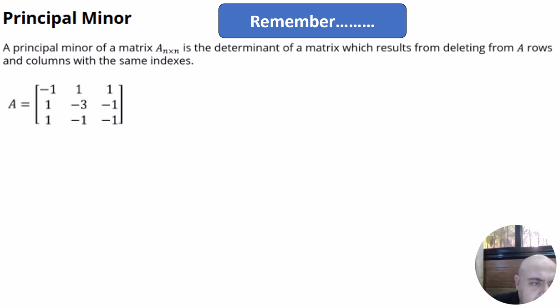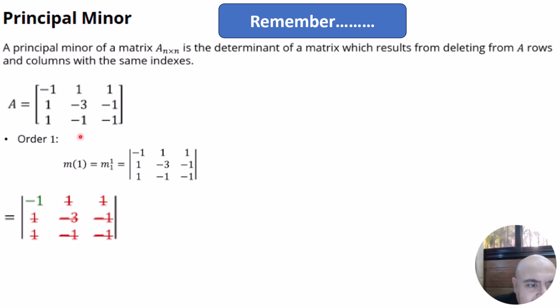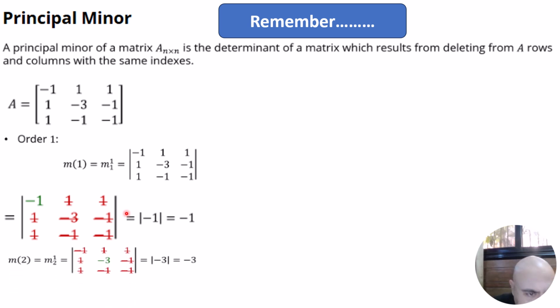So let's assume that we have this symmetric 3 by 3 matrix. Remember, if I want the first order, I will take the determinant and start eliminating two rows and two columns from the bottom. This gives me the first value of the principal minors of order 1, which is negative.